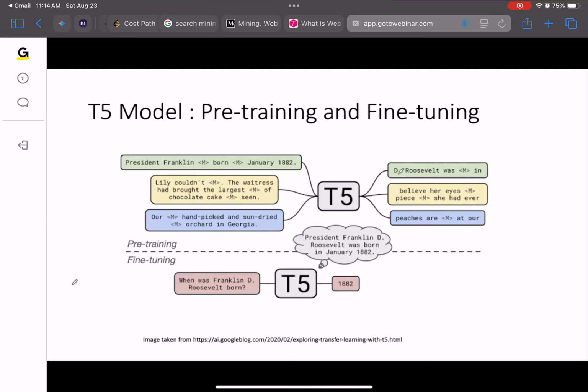So the ones that we need to predict, we present to the decoder. That's the pre-training process. And we also have a fine-tuning step for the T5 model.